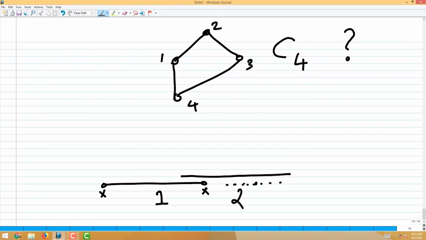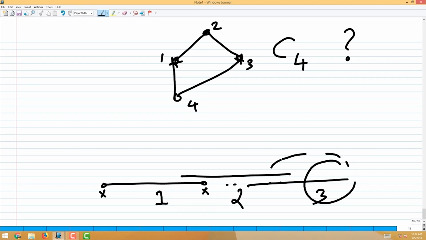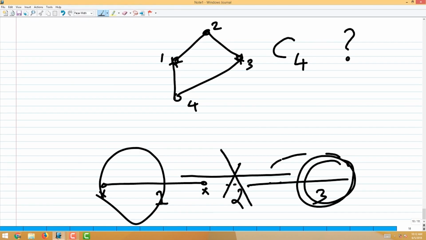I can put it inside, but I have to take it out. 3. But then how will I put 4? 4 should intersect with 1 also, 3 also, but it should not intersect with 2. So it should intersect somewhere here, and somewhere here, but how do I manage to put that interval without intersecting with this thing?